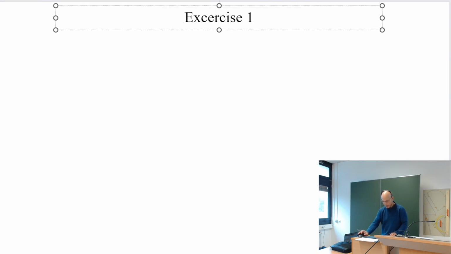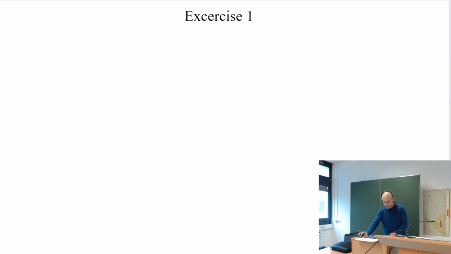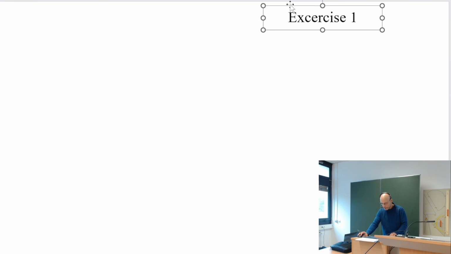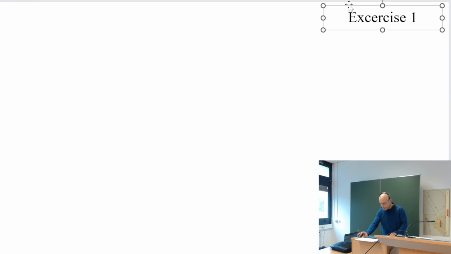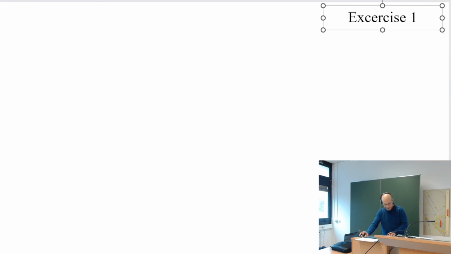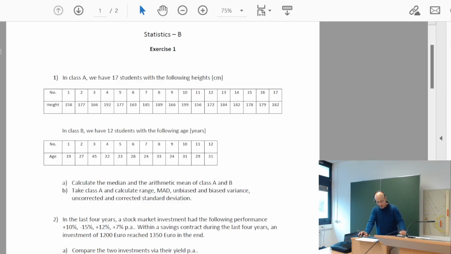Exercise 1. So, first, we have now a class with 17 students and the following heights.